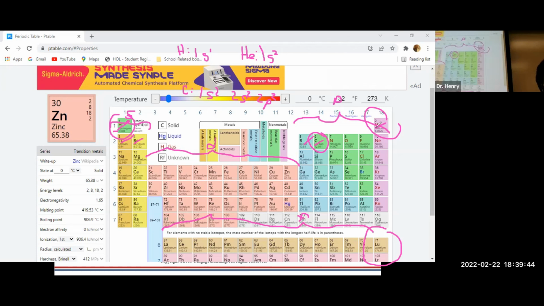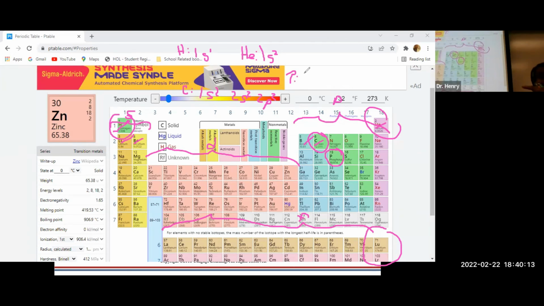Kinda. Okay, so let's try one more and then we'll see. And then I'm going to throw a curveball. I always have to throw a couple curveballs, right? So let's do phosphorus. Phosphorus has a total of how many electrons? 15. So we start at the lowest energy level, the 1s.